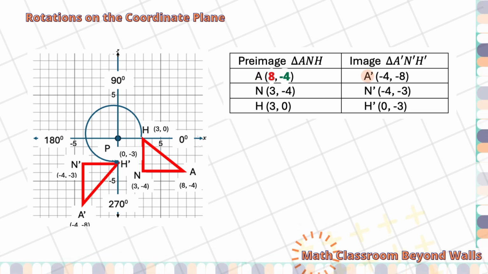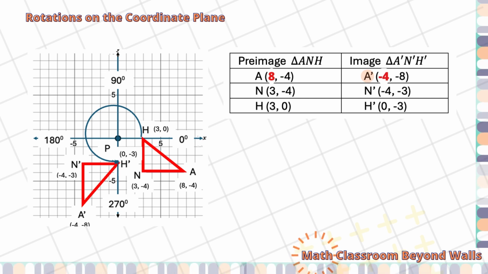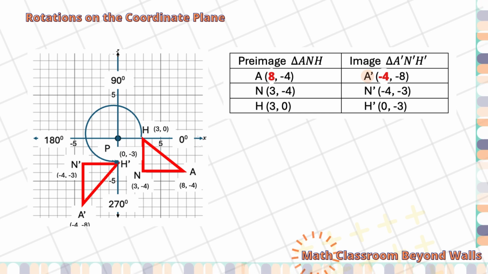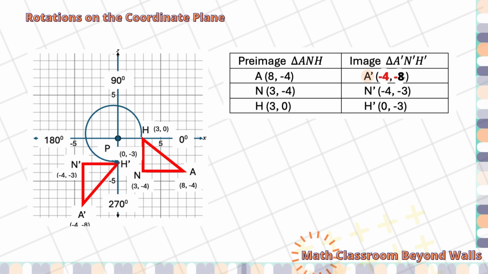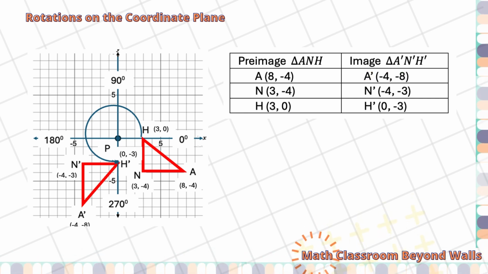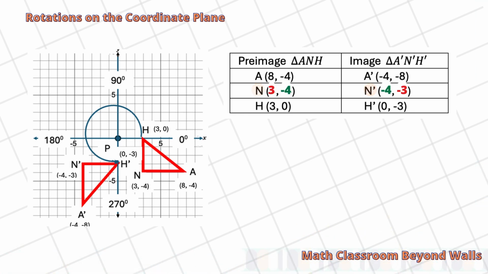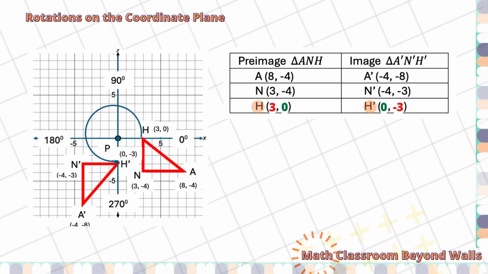On A prime this time, the coordinate of x is the y on the preimage, whereas the coordinate of y on A prime is the negative of x on the preimage. These changes are true for all the corresponding points like N and N prime and H prime.